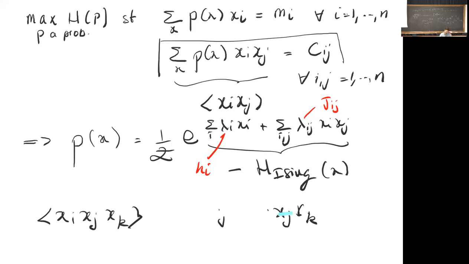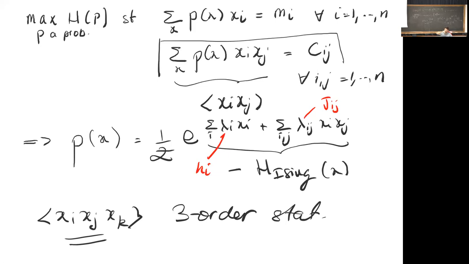So the more statistics you know about your variables, in the sense of the more higher order correlations you know between variables, where by higher order we mean averages over products of more and more spins, the more complicated becomes the associated Hamiltonian. If you know the third order statistics like this, you will get three-body interactions in the Hamiltonian.